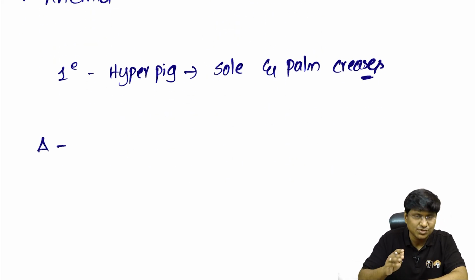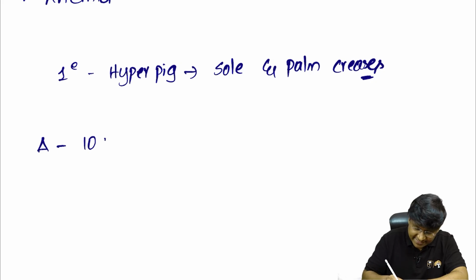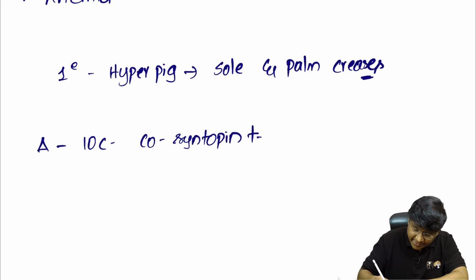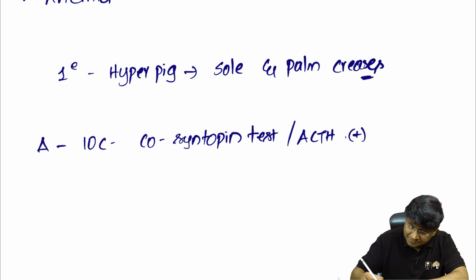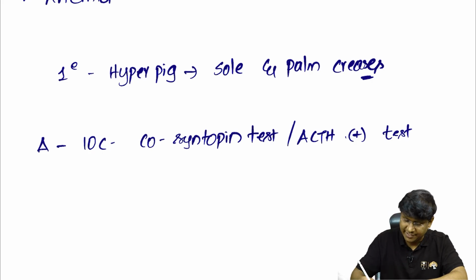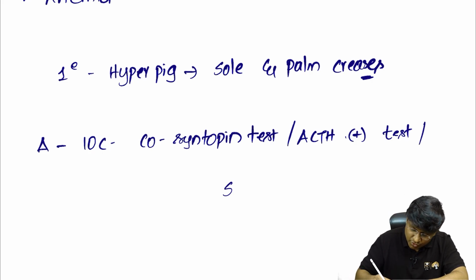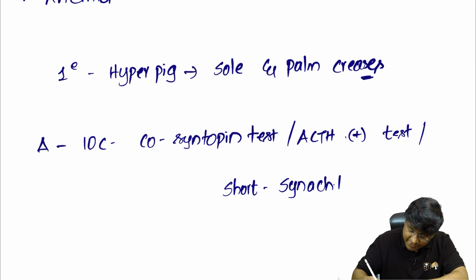So in the diagnosis of Addison's, the investigation of choice is the Susre test. The Susre test is also called the ACTH stimulation test, right? Or we also call it the MADIC test.